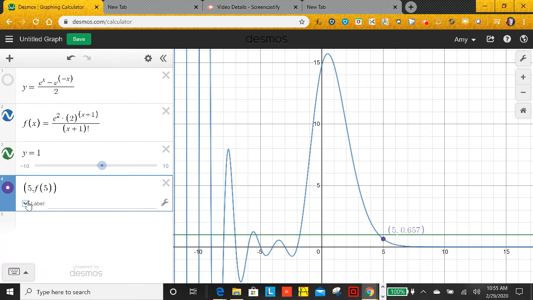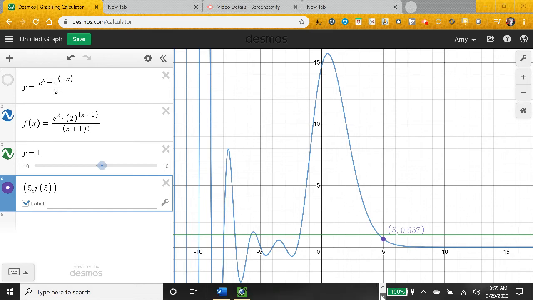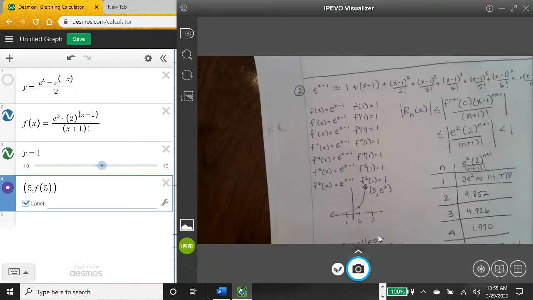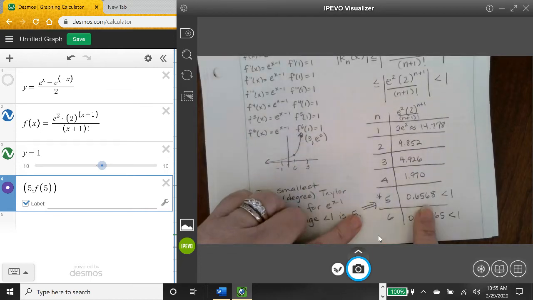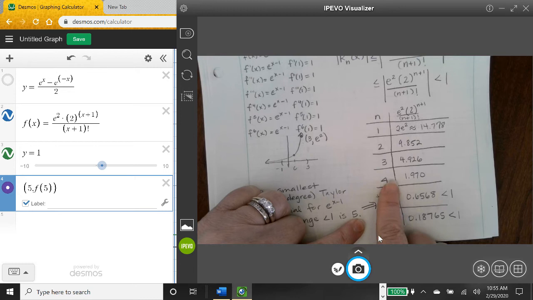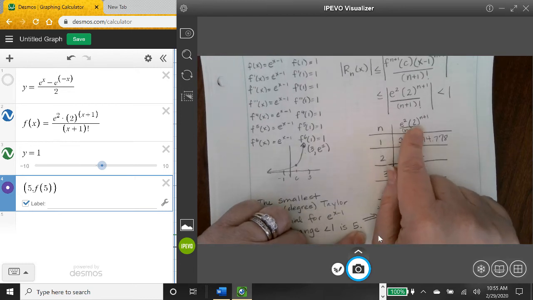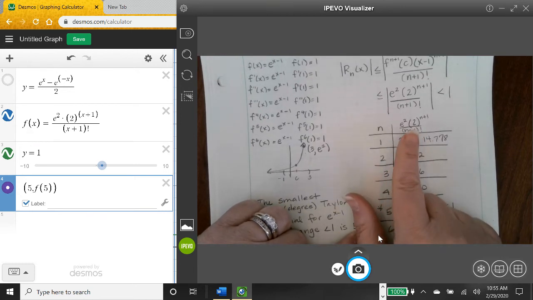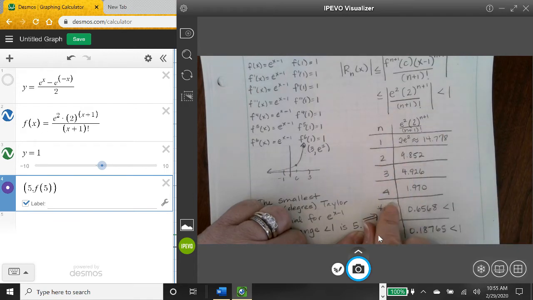And you see where we get the 0.657 right here, which is what we got on our error for when we used the 5th degree polynomial. So we got this function. It will equal 4 point something when it equals 1, but we can't have a 4 point something degree Taylor polynomial. So the smallest one we'll have is 5.